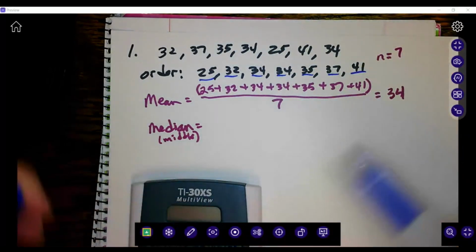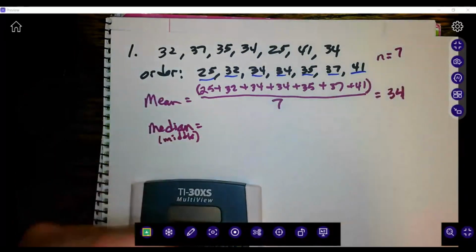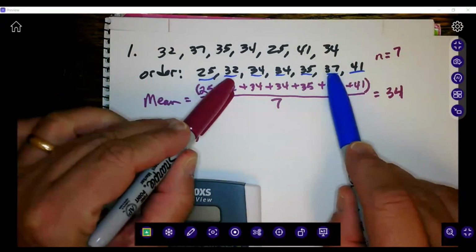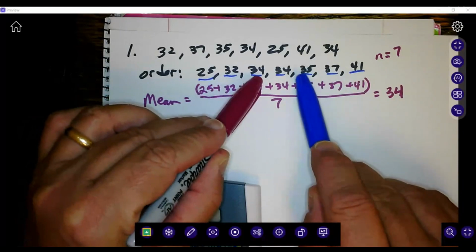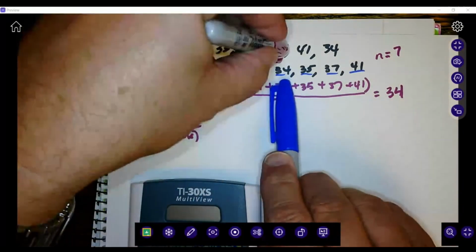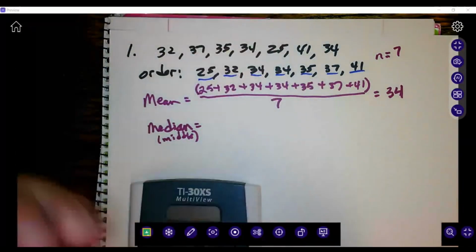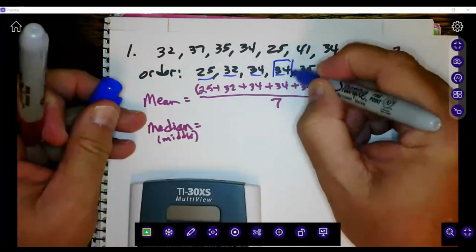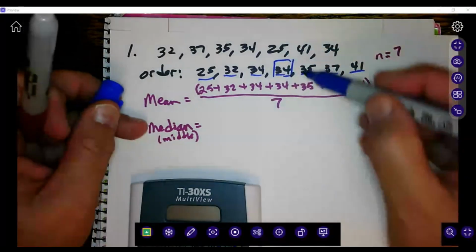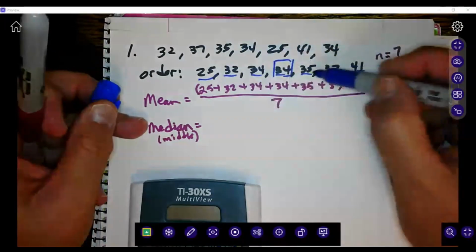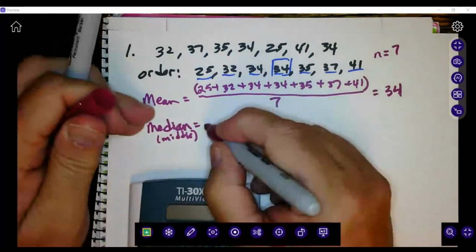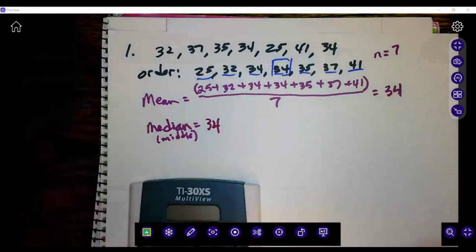And since there's an odd number, if we start eliminating from the ends and moving in, that's how I do it. And then I see that, okay, I land on 34 as that middle value. So the median is this number right here. There are 3 on this side, 3 on this side. So the median is also 34.